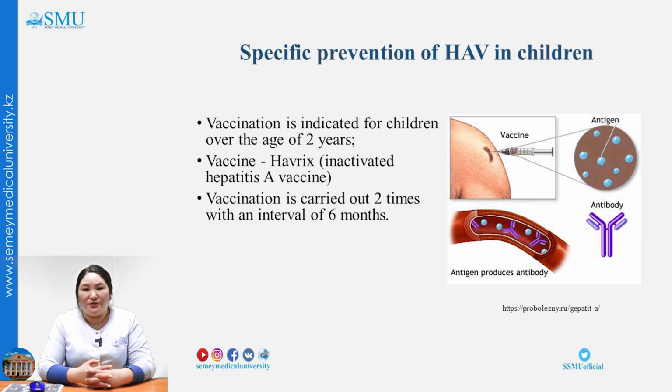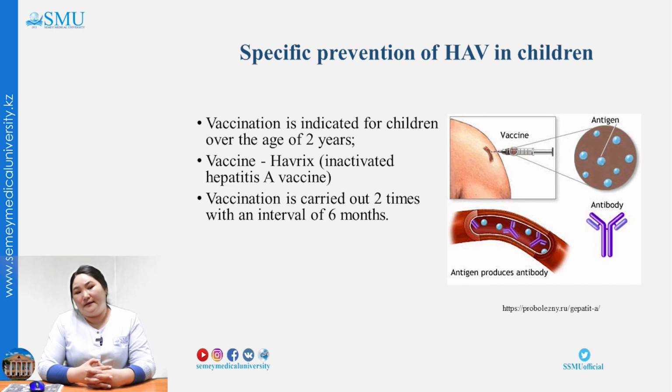What about prevention? The prevention is divided into non-specific and specific. Non-specific prevention is important for both of these hepatitis. These are sparing hygiene, washing fruits and vegetables, washing hands, using separate dishes, no swimming in dirty water, for example.